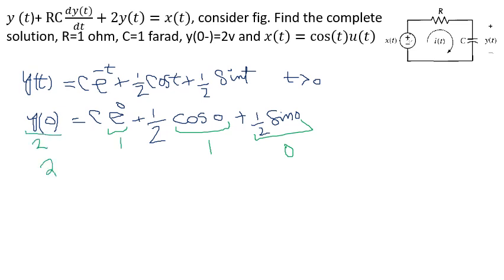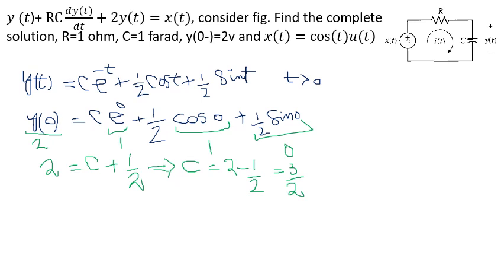So we can say 2 equals C plus 1 by 2, so C equals 2 minus 1 by 2, which results in 3 by 2.